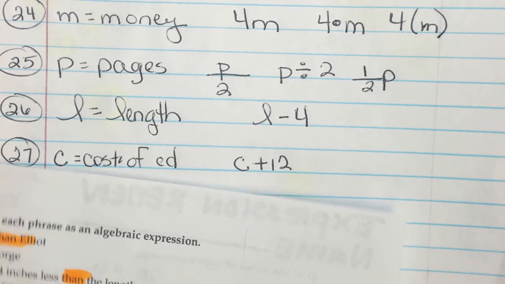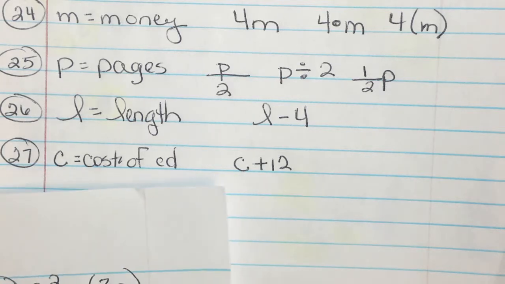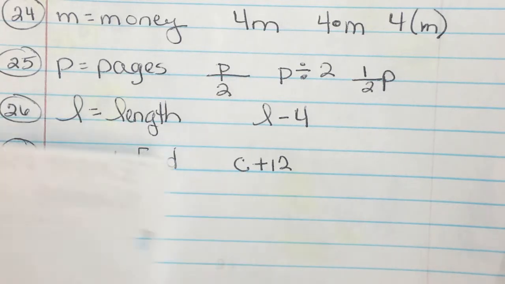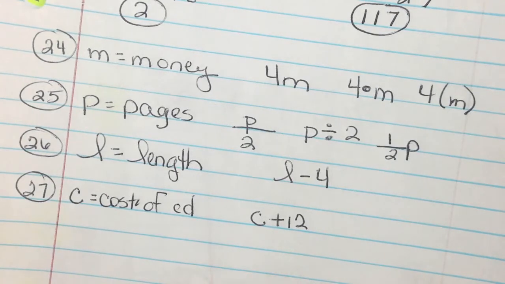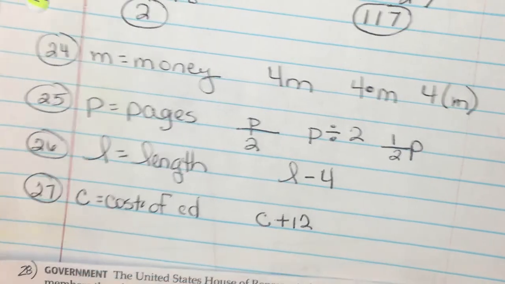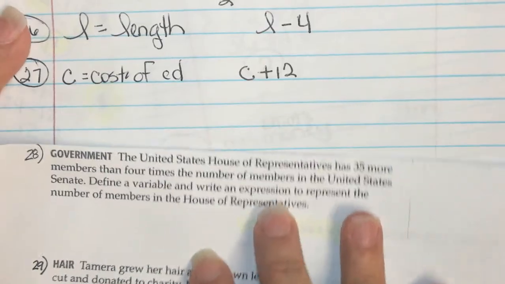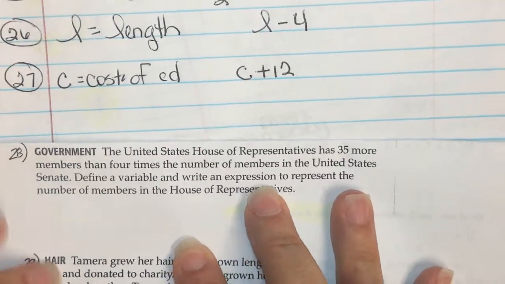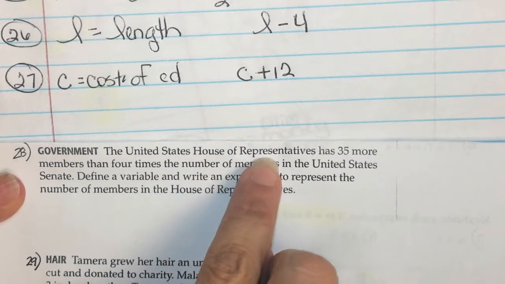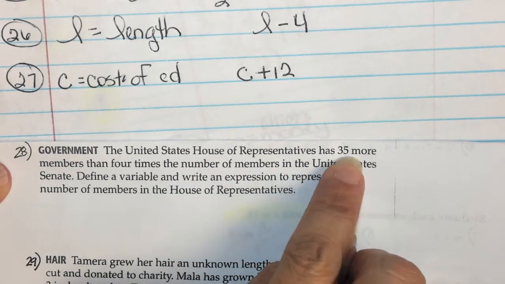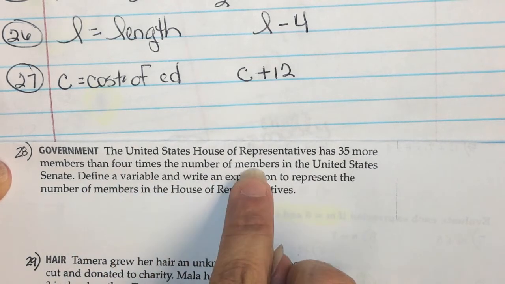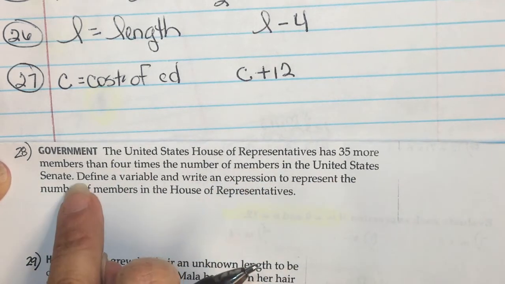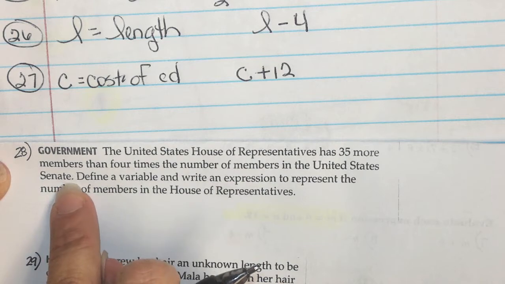Number 28. The U.S. government here. Okay, it says the United States House of Representatives has 35 more members than 4 times the number of members in the United States Senate.